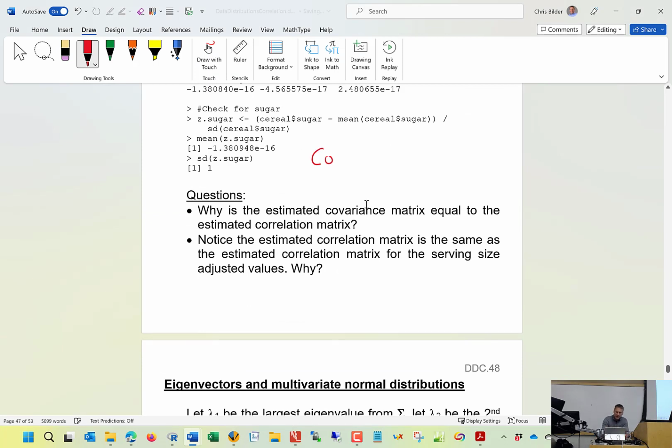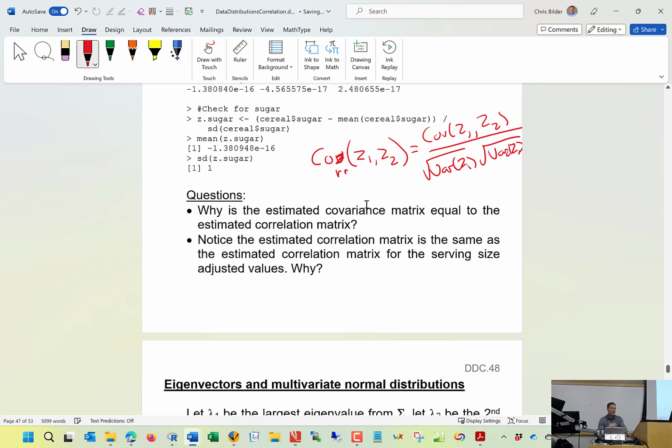Well, let's take a look at this. Correlation of, let's say, Z1 and Z2. I have two variables, call them Z1 and Z2. The correlation would be the covariance of Z1 and Z2 divided by the square root of the variance of Z1 times the variance of Z2.